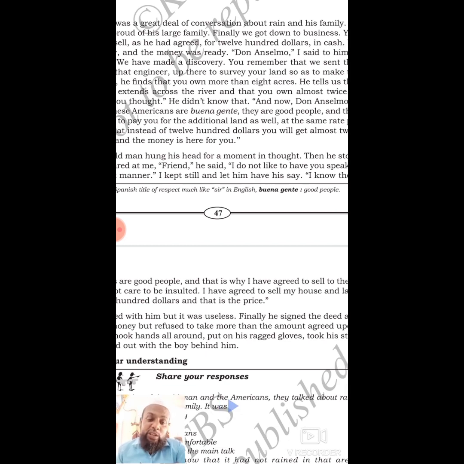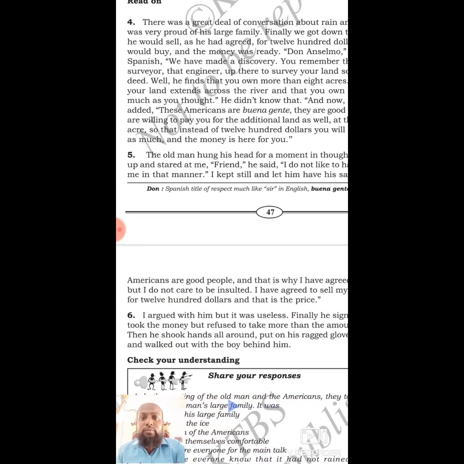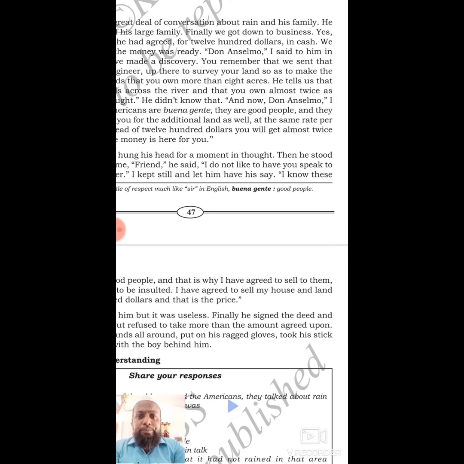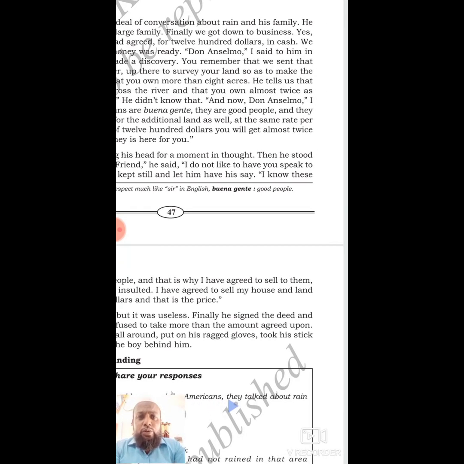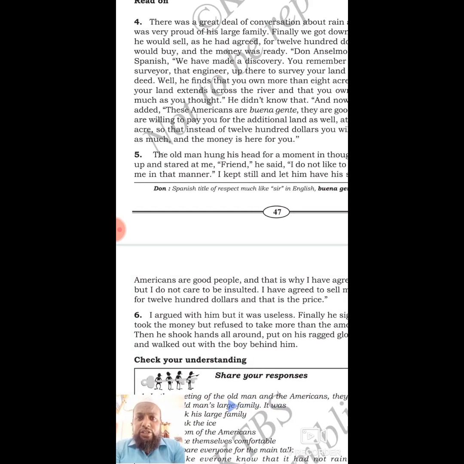We, in the sense, all the people together. You remember that we sent that surveyor, the American, along with Cedillo, to measure the land and see what the actual size of the land is. That surveyor is the engineer, who went up there to survey your land so as to make the deed, to purchase or sell the land.